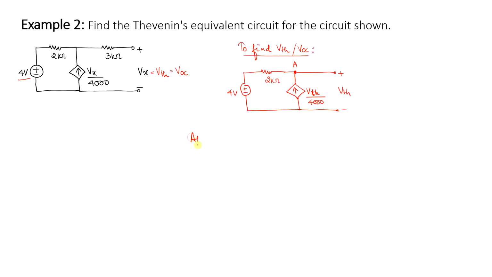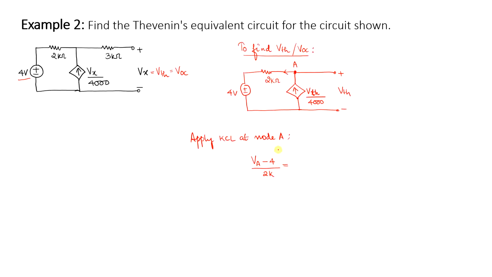So on applying KCL at node A, you have to consider what? Whenever you are applying KCL at a particular node, we will be considering the current leaving the node unless you have some source connected. Across this particular branch, I will assume the current is leaving, whereas here directly I can see the current is entering the node. So I can write this equation as VA minus 4 divided by 2 kilo, this is the current that is leaving, equal to the current that is entering the node.